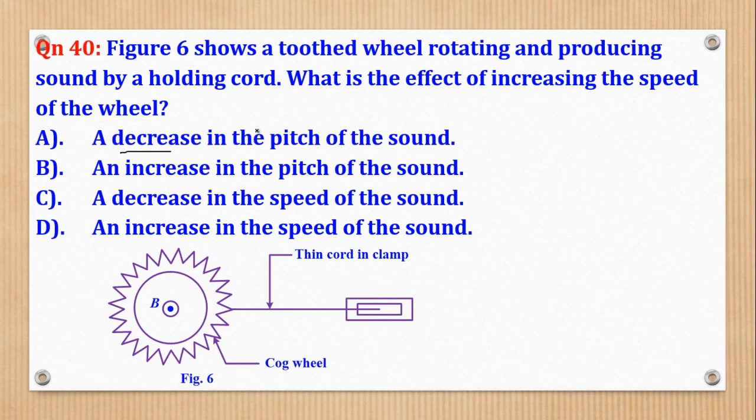So decrease, it is true, pitch is affected, but does it decrease? No. An increase in the pitch is affected, and does it increase? Yes. A decrease in the speed of sound, is it true? No. Increase in speed of sound, is it true? No. So it is only B.